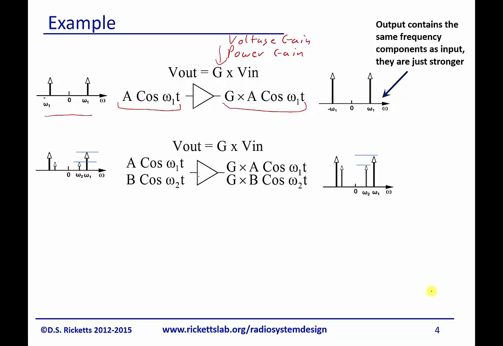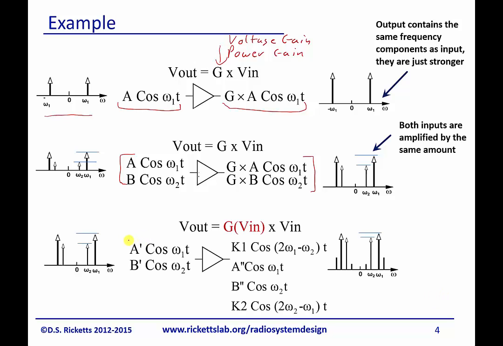All right, now if this is a linear system, then I can put two inputs in, A and B cosine, at two different frequencies, and I should get out just G times both of those. So both inputs are amplified by the same amount, and I don't have any additional frequencies. Now a nonlinear system would be one where I put in two tones, A prime and B prime, and I get out the same two frequency components, but they may not have the same coefficients, and I may also have additional frequency components.